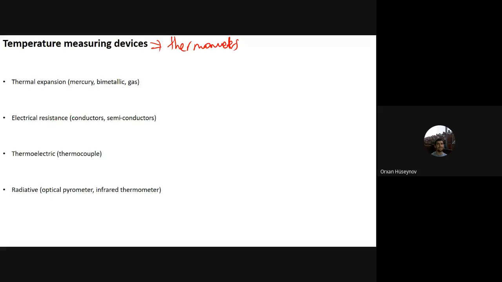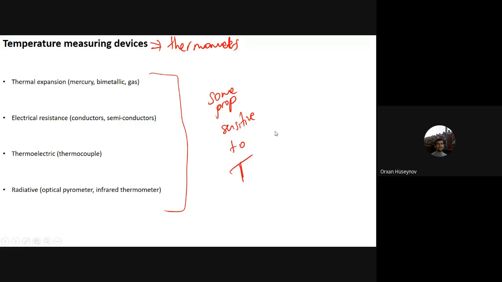And some of them use the electrical resistance of materials, because at the end, for all of these classifications, you need some property sensitive to temperature. Okay, there should be some property that is sensitive to temperature, and that sensitiveness will give you the amount of temperature that is present.